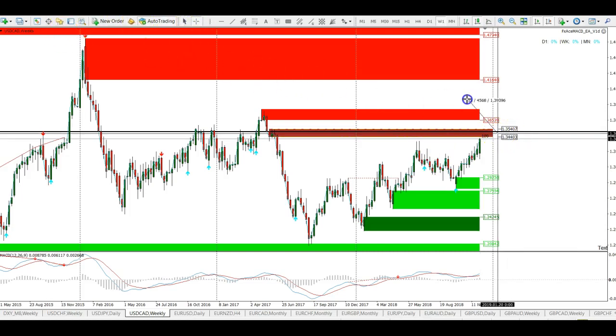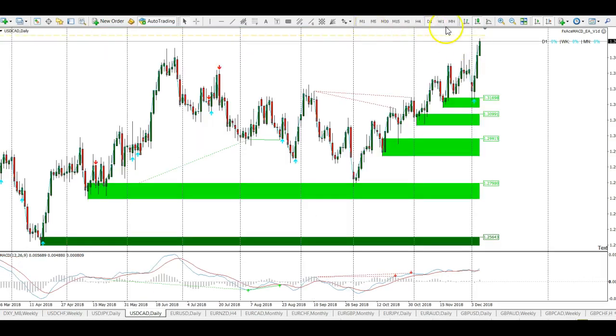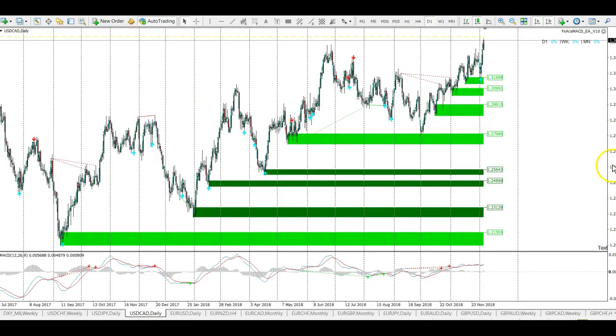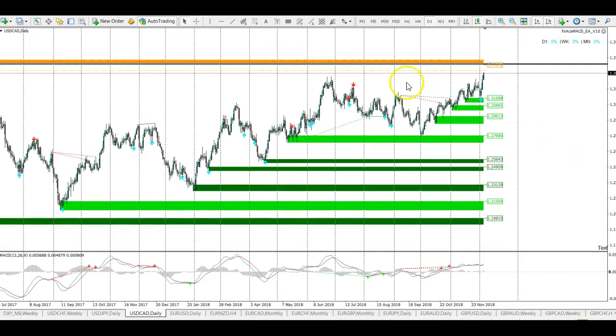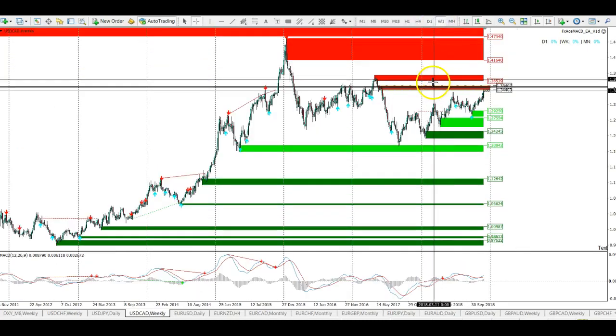For your stop loss, let's see if there are any daily zones that we can put the stop loss above. Here you can put your stop loss around 135,500. So you want to be entering around 135, with your stop loss around 135,500.